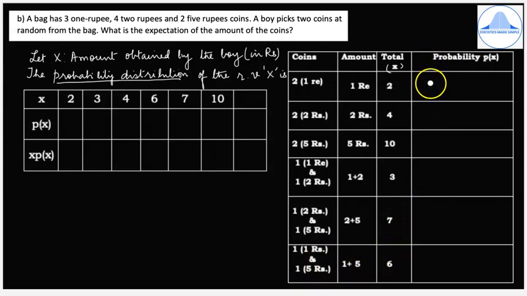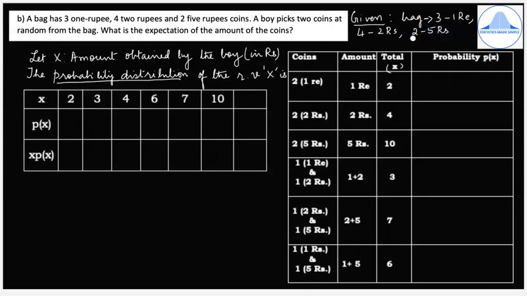So now let us find the probability of him picking two 1 rupee coins. So let me write here, given. So the total number of coins in the bag: there are 3 1 rupee coins, there are 4 2 rupee coins and there are 2 5 rupee coins.